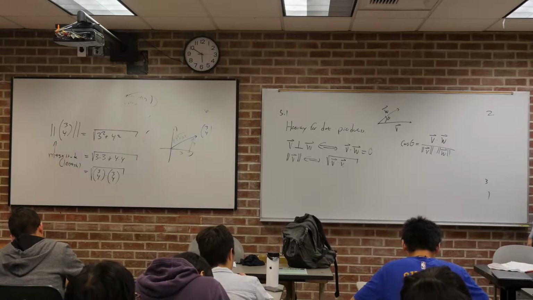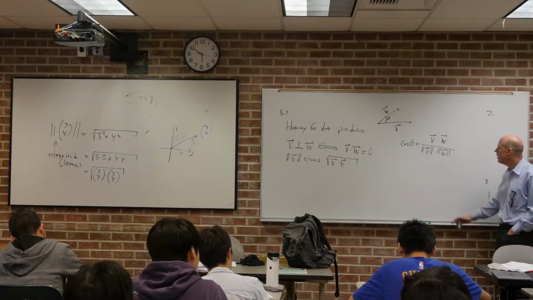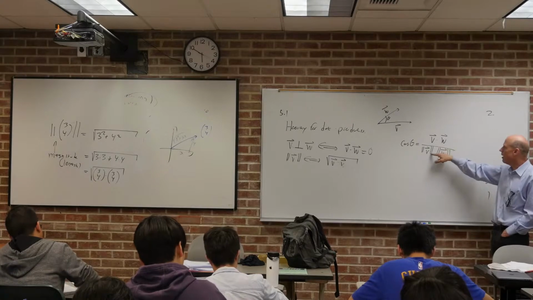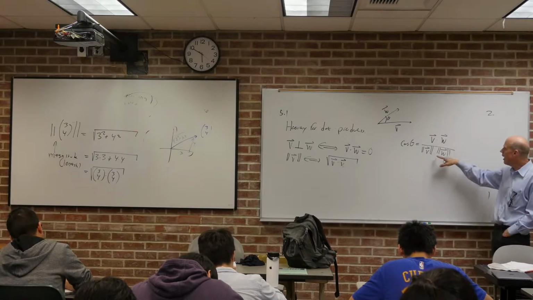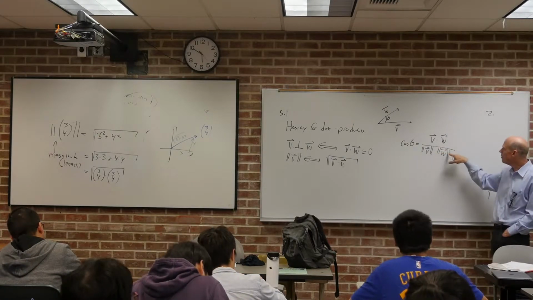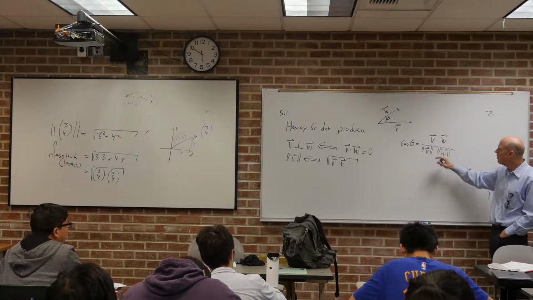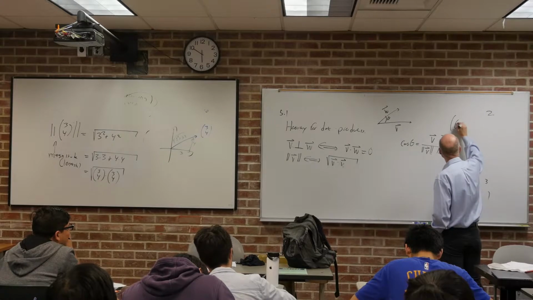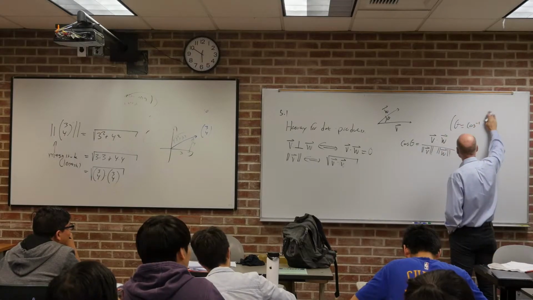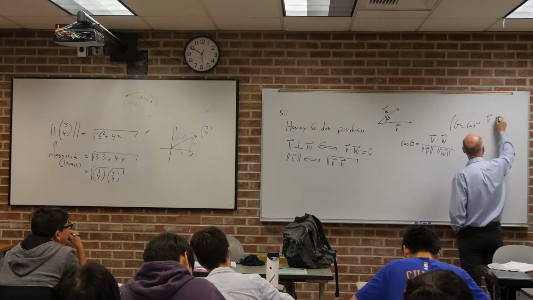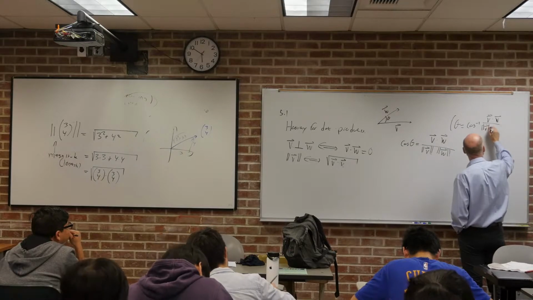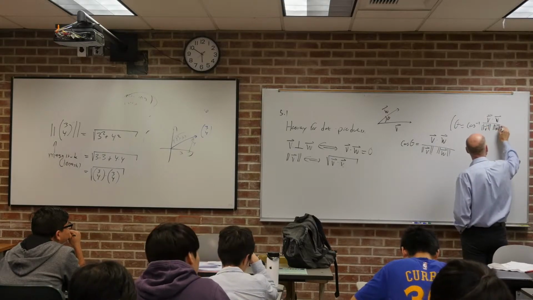Another thing is I can compute cosine of theta with a dot product and 2 lengths. And can you compute lengths with dot products? Or another way we could say it is theta is the arc cosine of that.